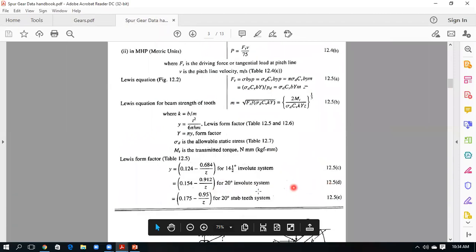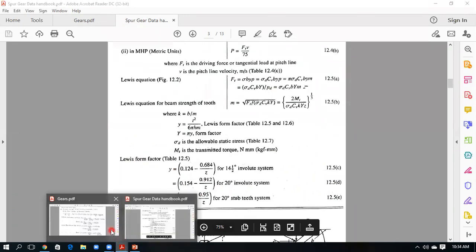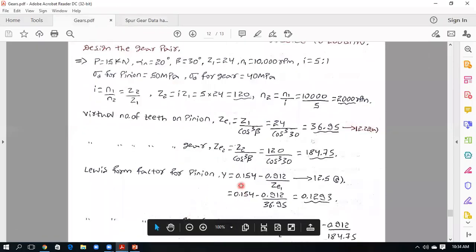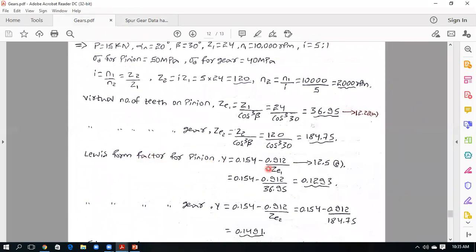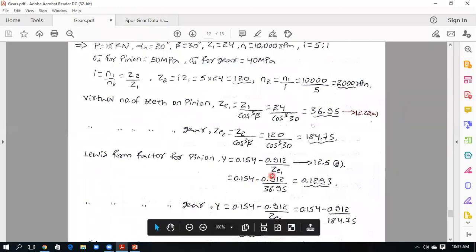That's why I'll be using 12.5d to find out the Lewis form factor Y, the Lewis form factor for pinion. In this case, instead of substituting Z, you need to substitute the virtual number of teeth.